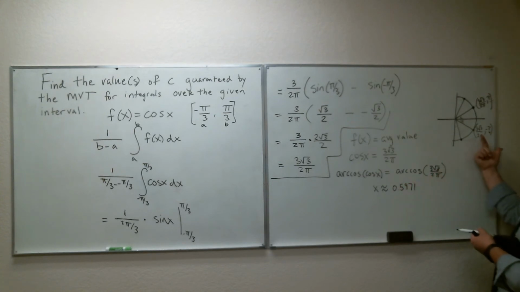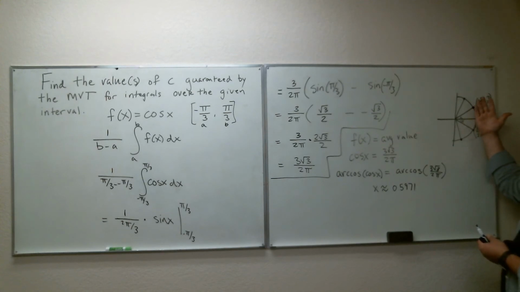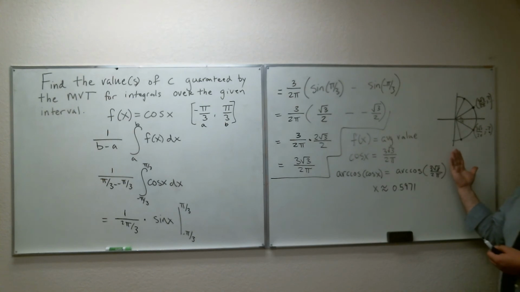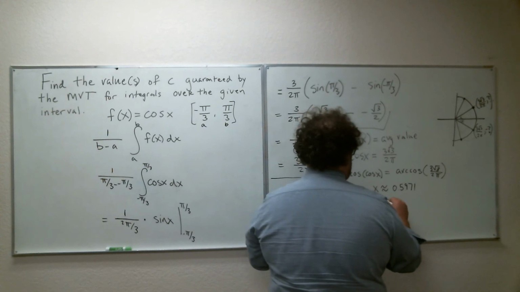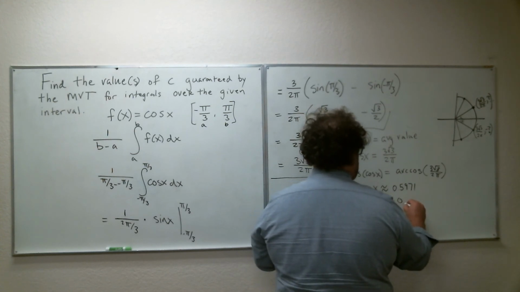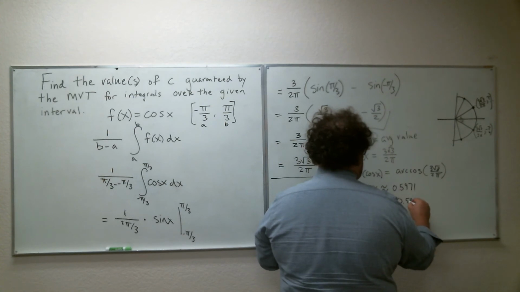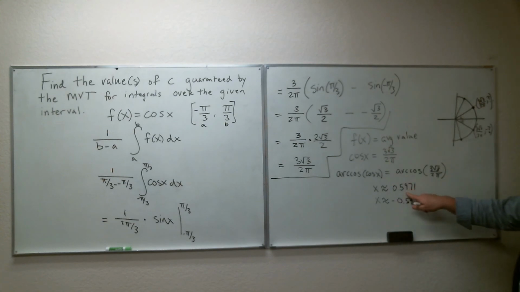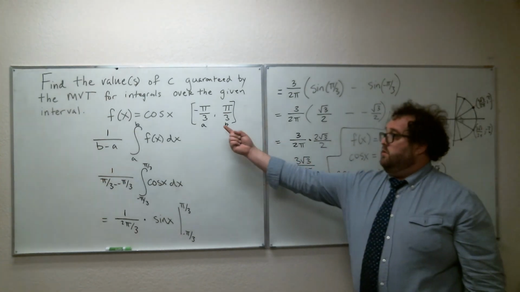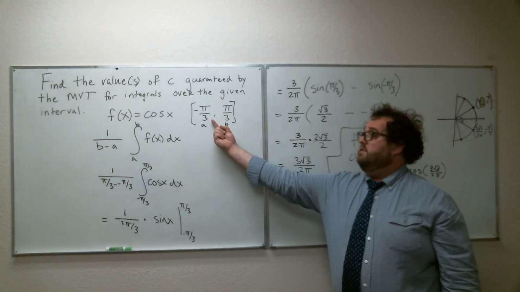It's an angle here that's going to give us the exact same cosine value, because cosine is positive in the first and fourth quadrants. So the other solution is going to be x is also approximately equal to negative of this value, 0.5971. Okay? Because we know that that is an angle that's less than pi over 3 radians, so this is an angle that's going to be less than negative pi over 3 radians, a smaller negative number, so it's also going to be in this domain.